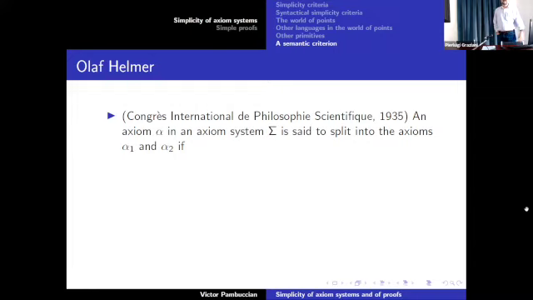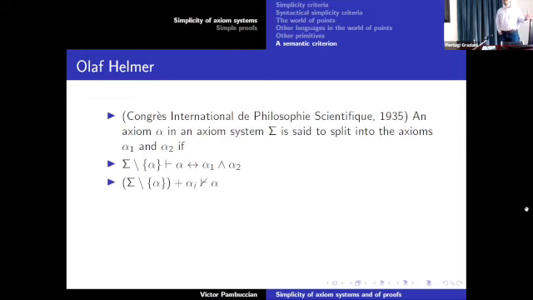So at this International Congress of Scientific Philosophy in 1935 in Paris, Olaf Helmer produced the following criterion. You say that an axiom alpha in a certain axiom system splits into two other axioms if it is equivalent to their conjunction.